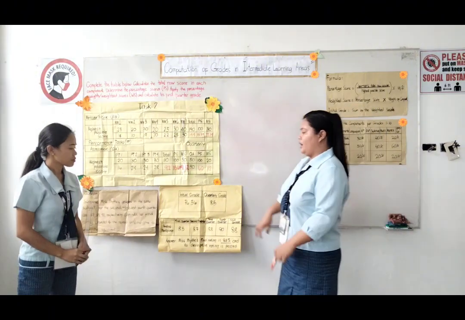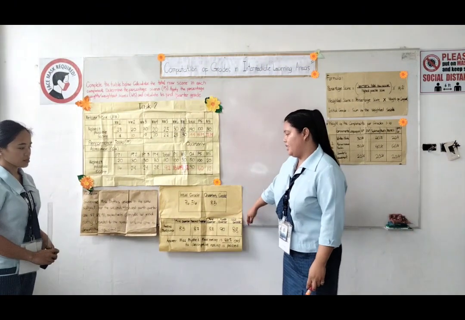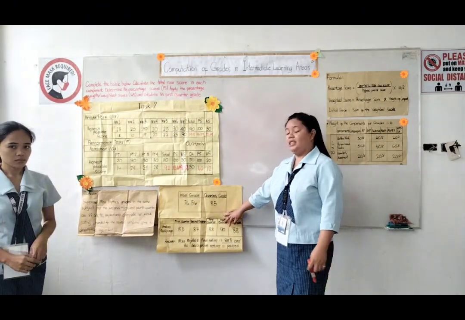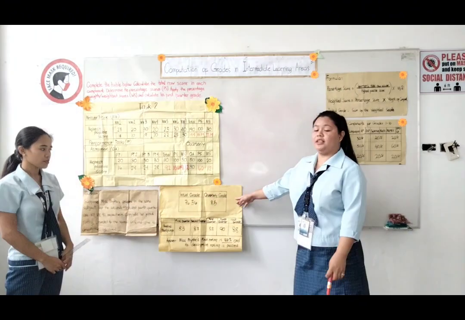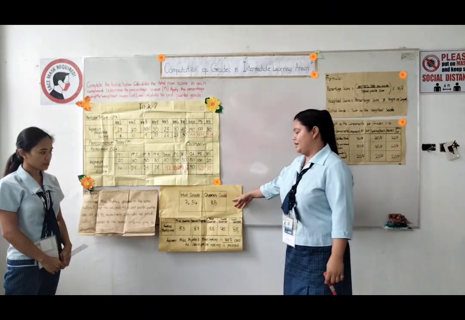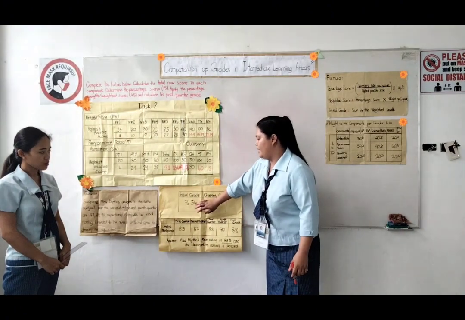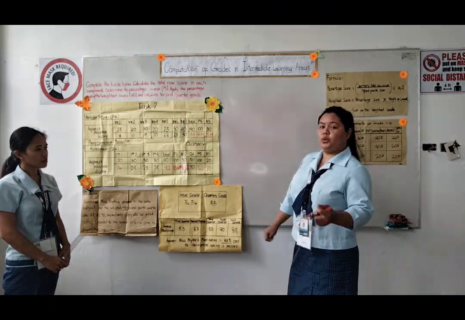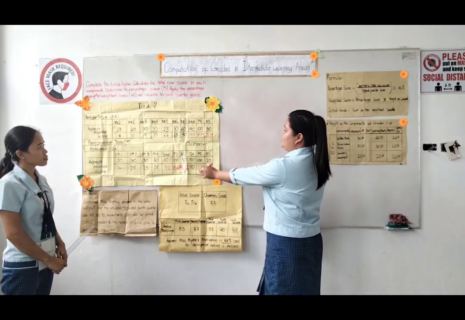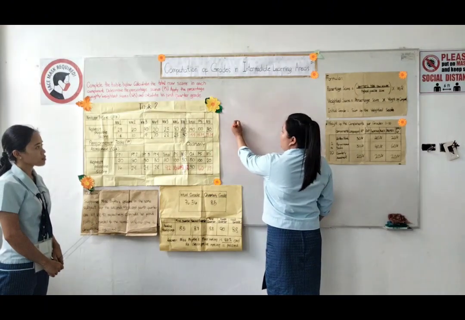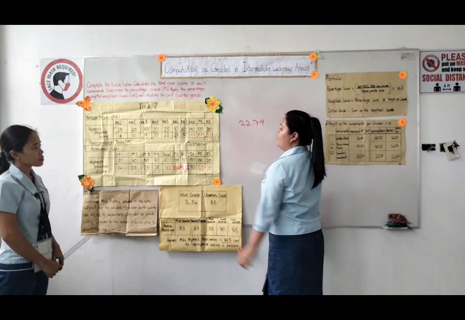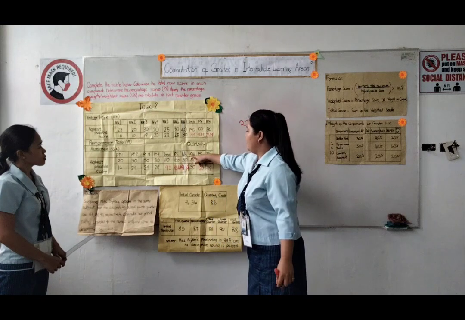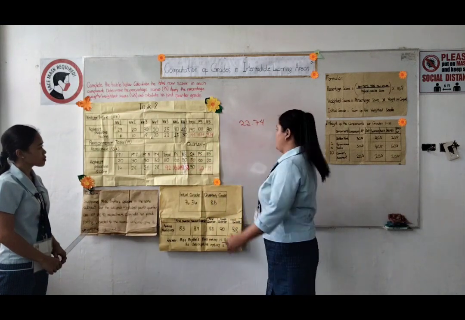In order to get the final rating of Miss Flat, first we need to get the initial grade and the quarterly grade of Miss Flat in the first quarter. In order to get the initial grade, we need to add up all the weighted scores. In written work, we have 22.74. In performance task, we have here 41.82.